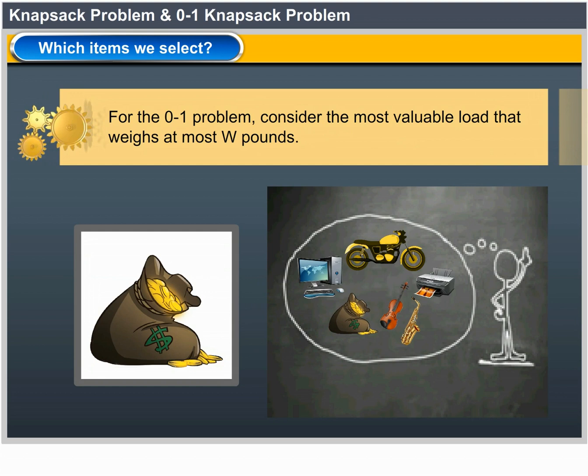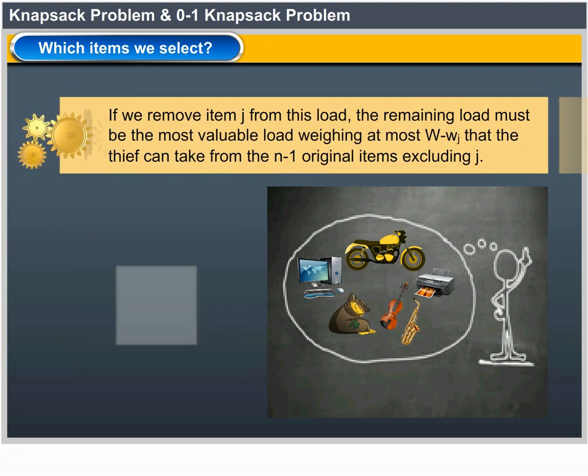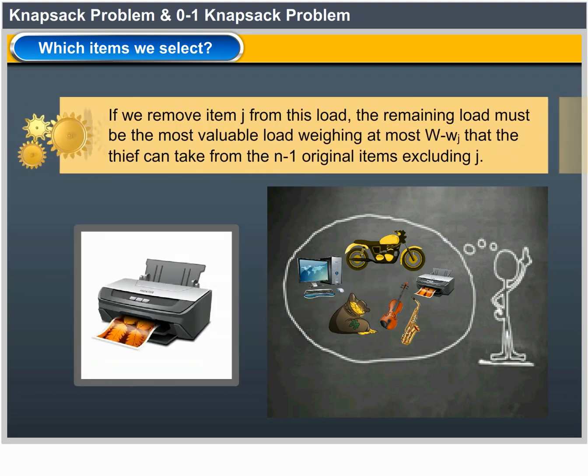If we remove item j from this load, the remaining load must be the most valuable load weighing at most W minus w_j that the thief can take from the n-1 original items excluding j.